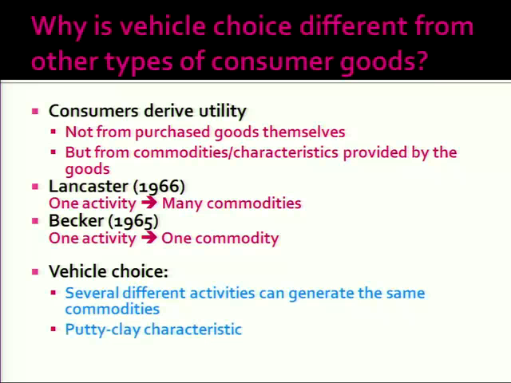model. So another thing is that there is something we call a putty clay characteristic. So this is related to the literature in consuming durable goods. Okay, so think of an example much like buying a washing machine. So before you buy that washing machine, which is a durable good, which means you buy it and you can use it for a long period of time, before you buy it, you're in the putty stage of things, which means that everything is very moldable.